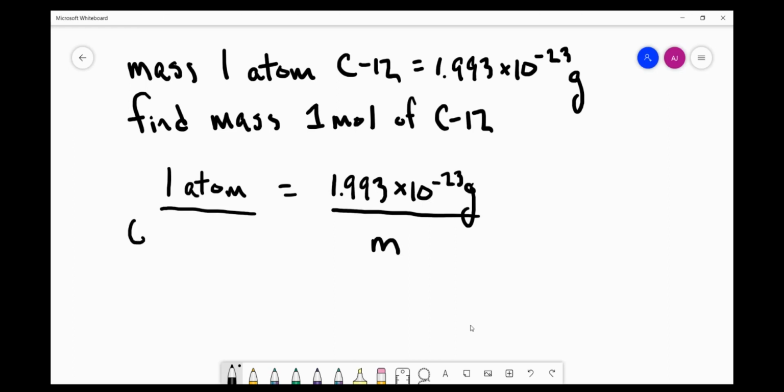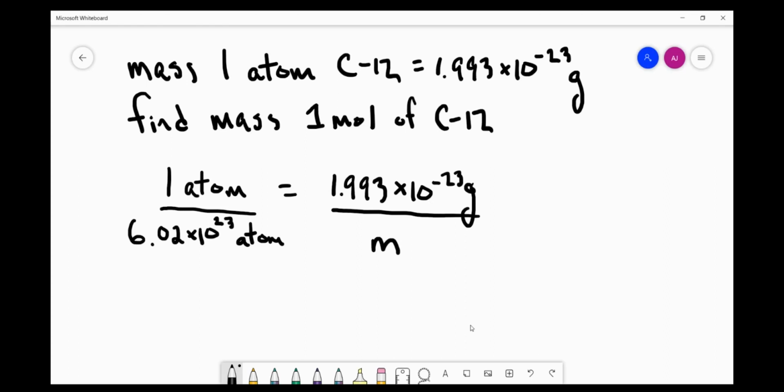Now we know that 1 mole is 6.02 times 10 to the 23 atoms. So this is a ratio that's set up. I'm comparing the mass of one atom to the mass of a huge number of atoms.